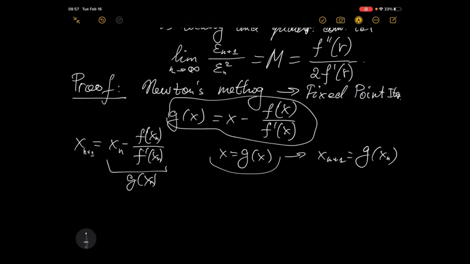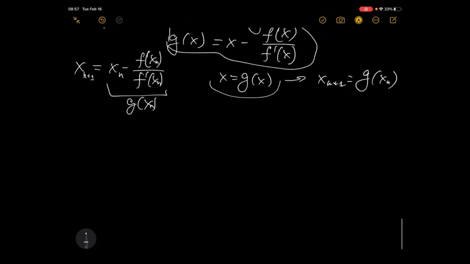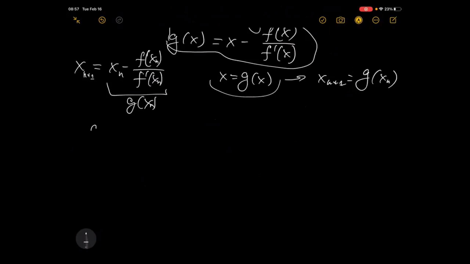I also mentioned this in previous lectures. But let us compute the derivative. You remember the sufficient convergence condition for fixed point iterations: the magnitude of the derivative at the root has to be less than 1.